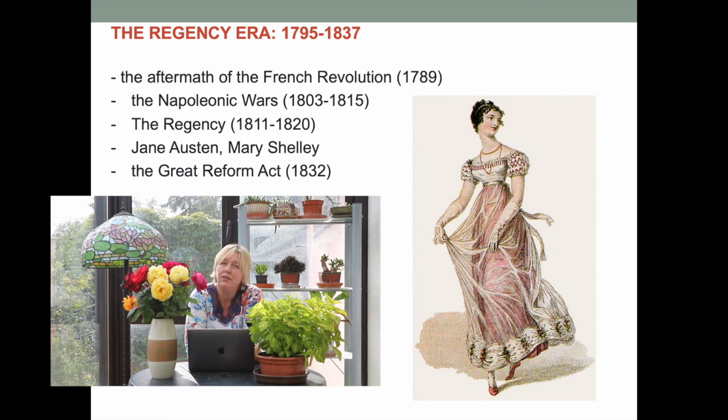Victoria was the daughter of yet another younger brother, so that's why she came to the throne quite unexpectedly as a very young woman of 18 in 1837.